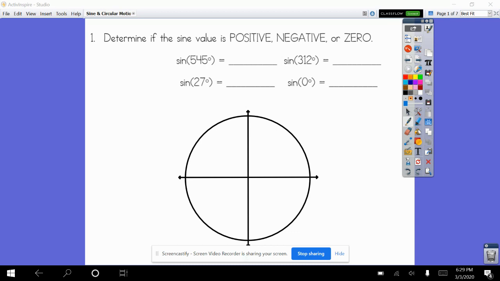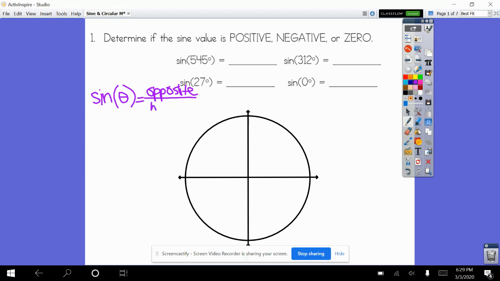So for number one, we need to determine if the sine value is positive, negative, or zero at these four angles. So first I want to recap what sine is. What you remember from geometry, what we reviewed in class, is that sine is the opposite over the hypotenuse.